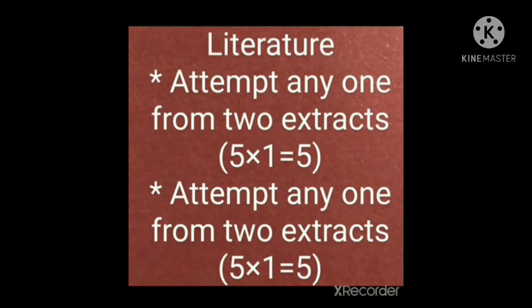That time you can understand which one is easy. So suppose if B is easy, then you have to attempt questions given in B. There you can see 5 questions. Just write all the 5 questions in B. Sometimes if you know only A, then write the 5 questions from A.